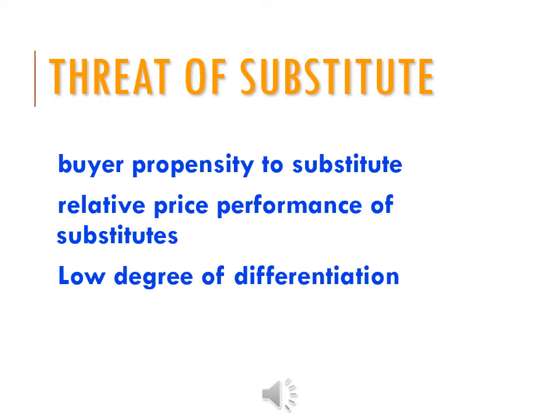Meaning the substitute product is able to perform almost the same functions at a much lower price, and the amount of differentiation is not there. So basically the threat would be high if there's a lower degree of differentiation.